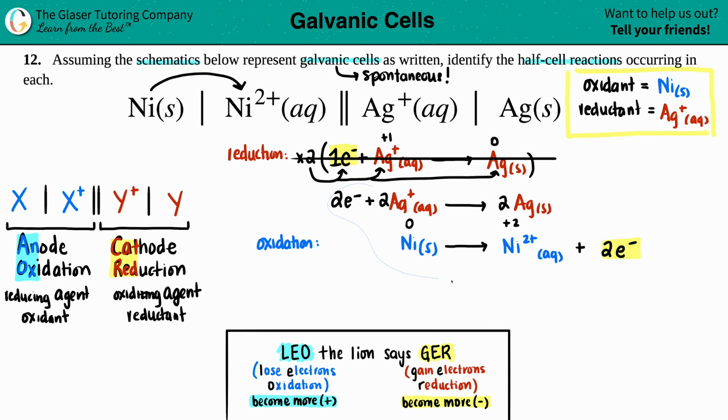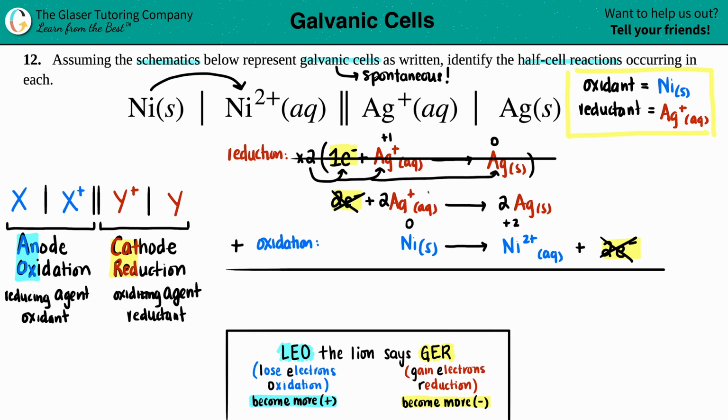Because now I'm only looking at these 2. So now I'm going to add. So I guess I'll add over here. And now since those electrons are balanced, I can cancel them out. So I have 2 electrons, I got 2 electrons. They go bye-bye.